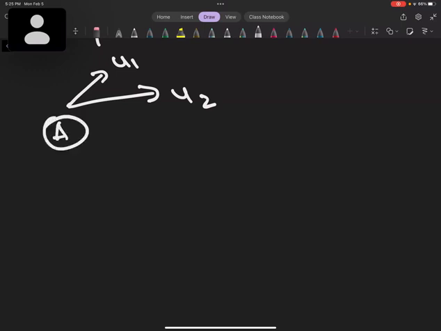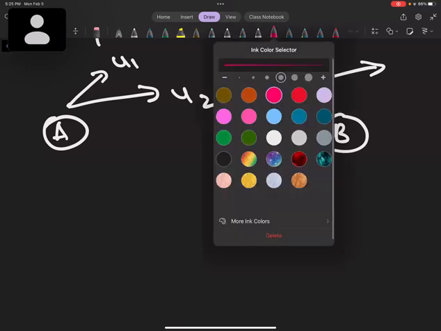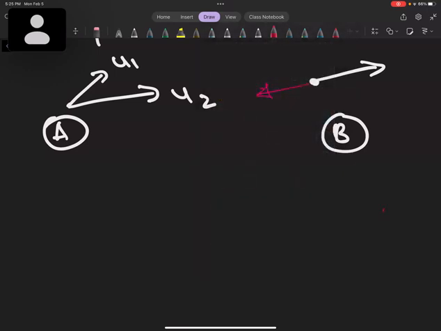So this is A. What about B? Are these two vectors linearly independent or not? What about C? So which of these three are linearly independent, or which one is linearly dependent?